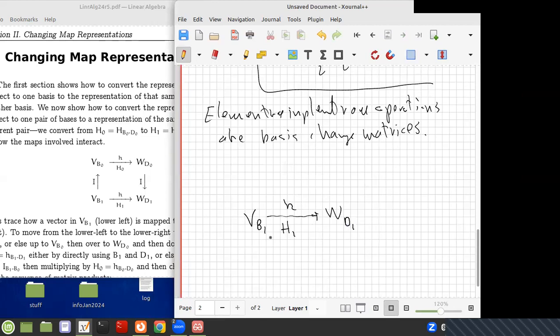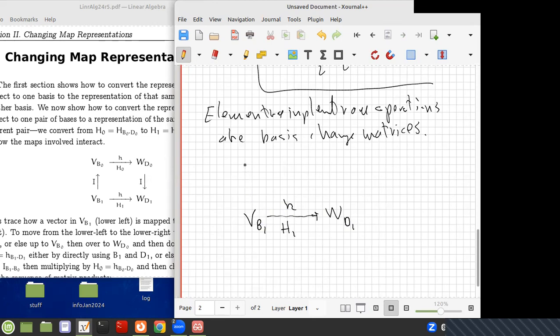This is the usual picture we've worked with. Given the map, we can find H1. Given H1, we can find the map. Given the basis action, we can go back and forth between two bases.